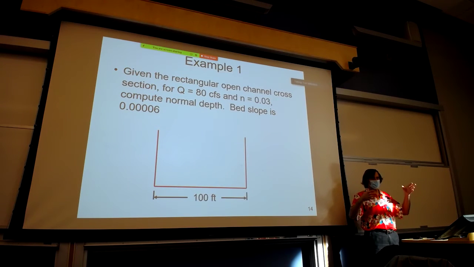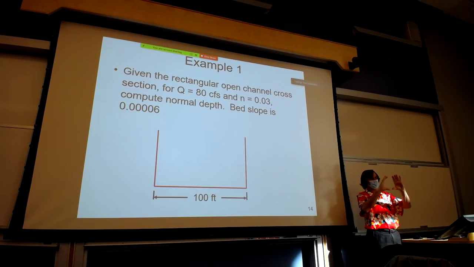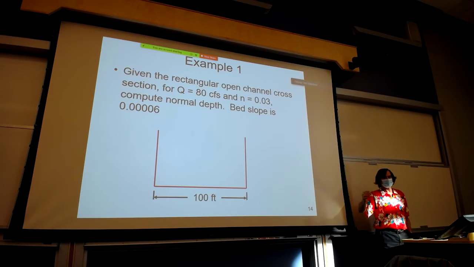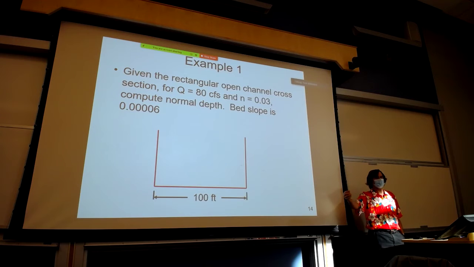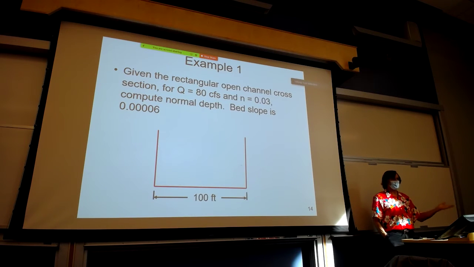You can have contractions and expansions in open channel systems. You can have, for example, a pier, or a bridge cross-section, which is maybe much narrower than the natural channel. For the friction losses, in closed conduit flow, we use the Darcy-Weisbach equation. In open channel flow, we use the Manning equation for the friction losses.